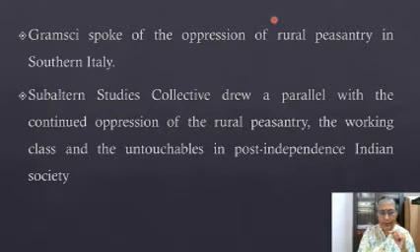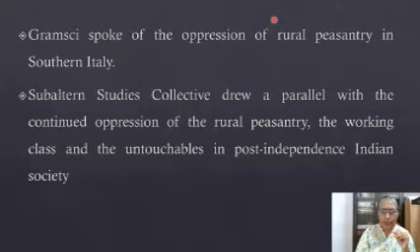So, we are coming to Subaltern Studies Collective, and you are having a topic called the subaltern, and you find the development of this particular branch and how it grew into the present situation. This is how it came up.